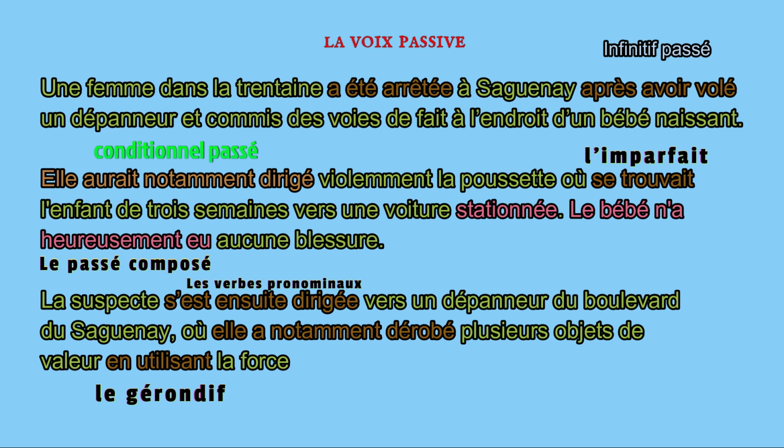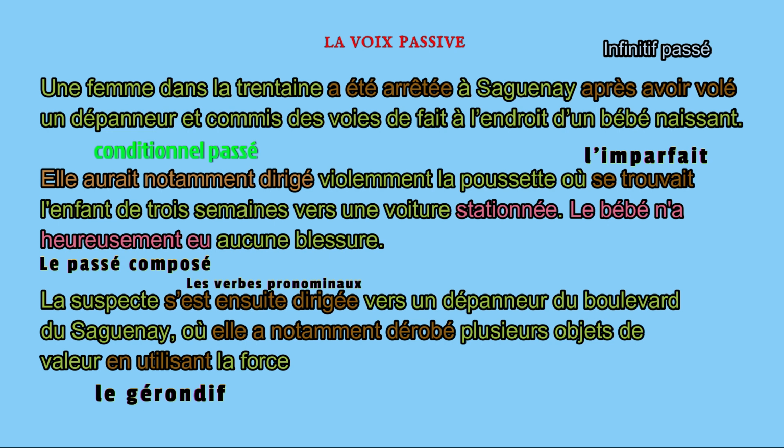Next one. La suspecte s'est ensuite dirigée. What we can see here is le verbe pronominal, reflexive verbs. We know that with reflexive verbs, we always have to use auxiliary être.